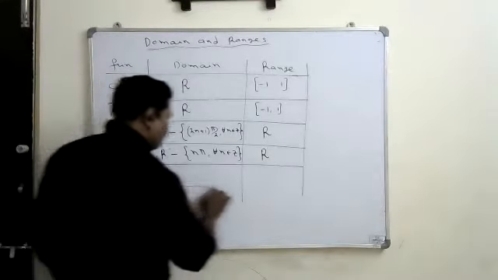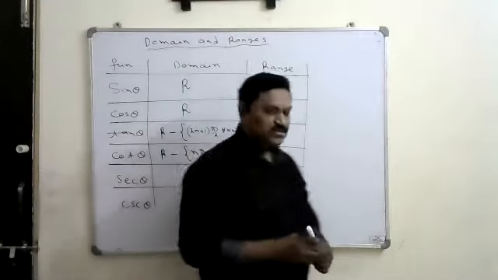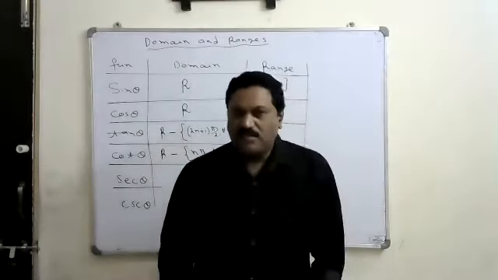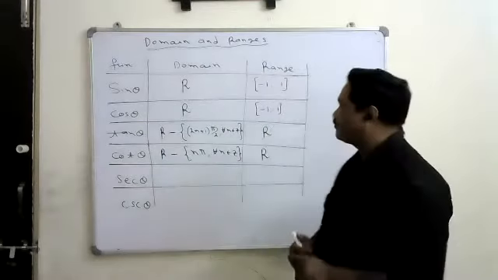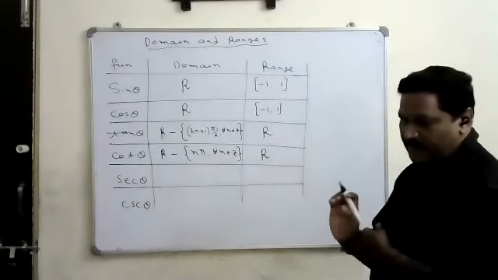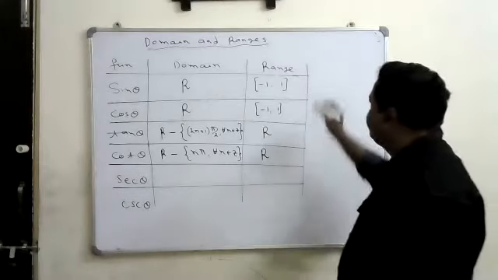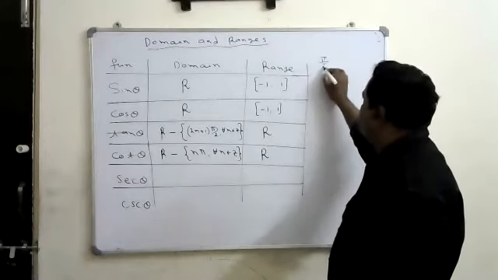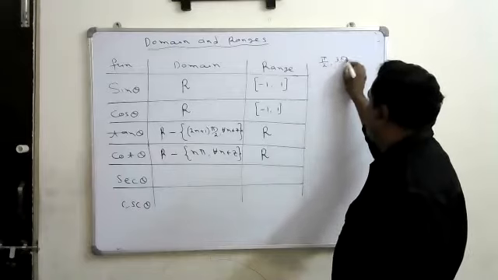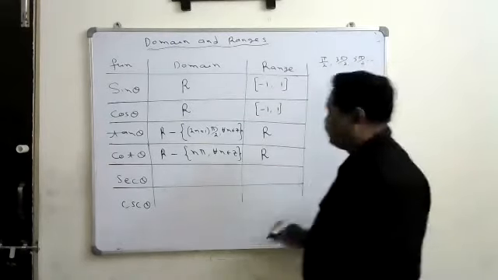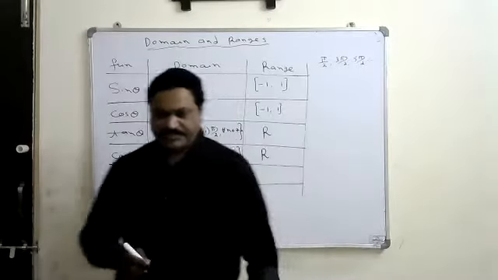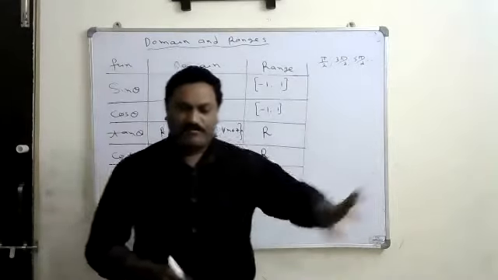Now if you come to secant theta, for what angles is secant not defined? Secant is not defined for 90 degrees, pi by 2, 3 pi by 2, 5 pi by 2, etc. For all these angles, secant is not defined.